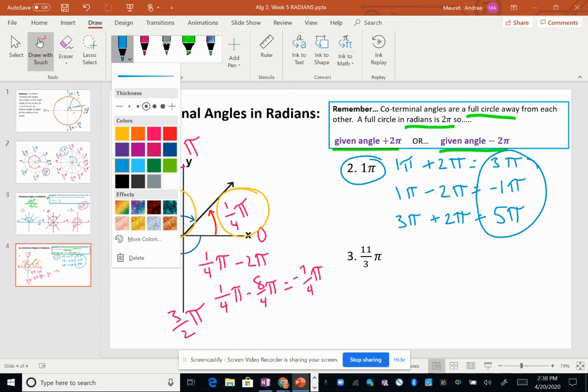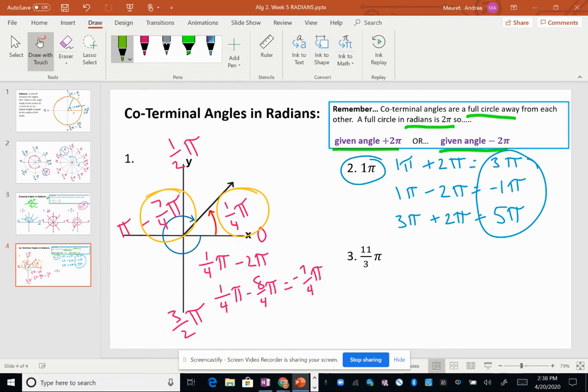Our last example of 11/3 pi, again, I can add 2 pi, I can subtract 2 pi, and either way will give me a coterminal angle. So 11/3 pi plus 2 pi is going to be, well, I don't want to use a 2.